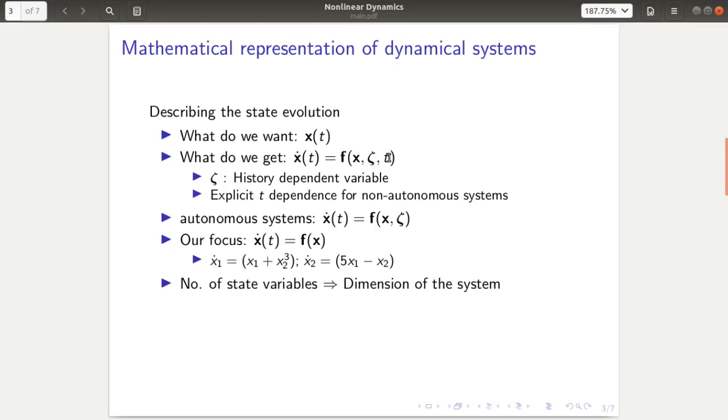Okay, and it could also depend on time. At this point you could ask, wait, this x itself is a function of time, so it's automatically a function of time, then why do I have to put t explicitly?